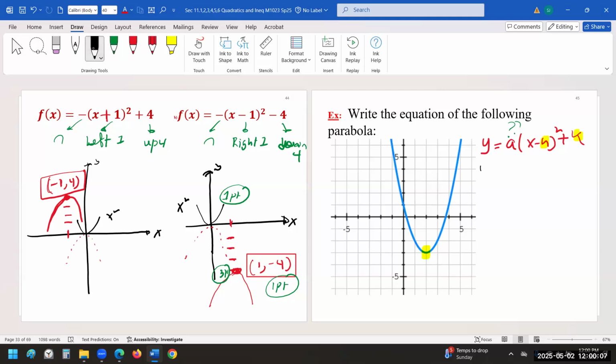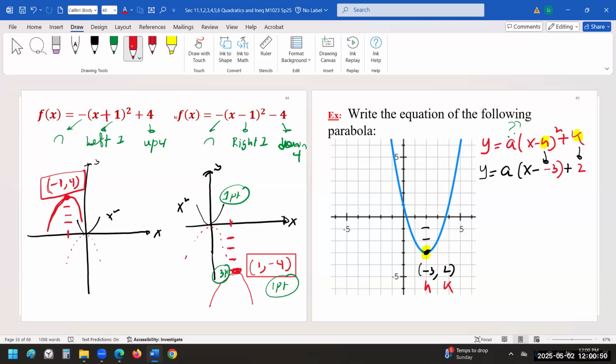So let's rewrite. y equals, we don't know our leading coefficient. And what is our vertex here? What is the x value here? 1, 2, 3, negative 3 and 2. So this h is negative 3. And this k is 2. Right? Let me write h down here. This is our h, this is our k.